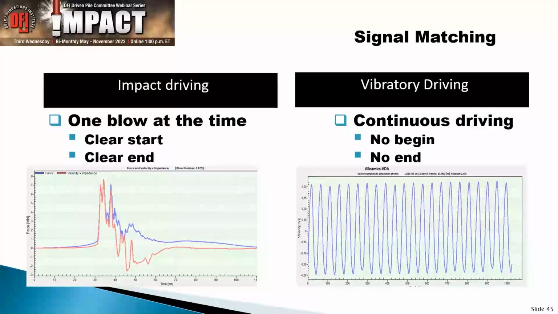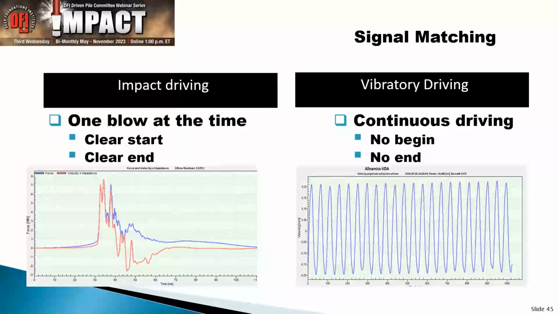And really, when you're looking at signal matching with vibratory driving, it's really the amplitude matching. You want to make sure that the amplitudes that you are getting, and of course with the right frequency, but especially the amplitude, match what you have with your measured signals.